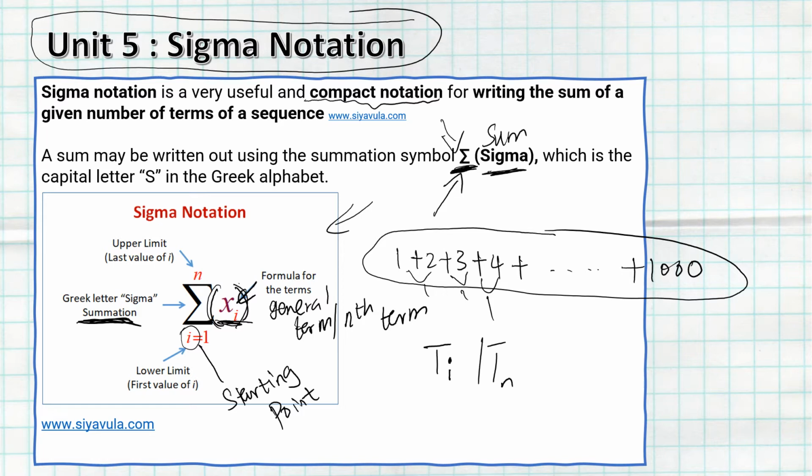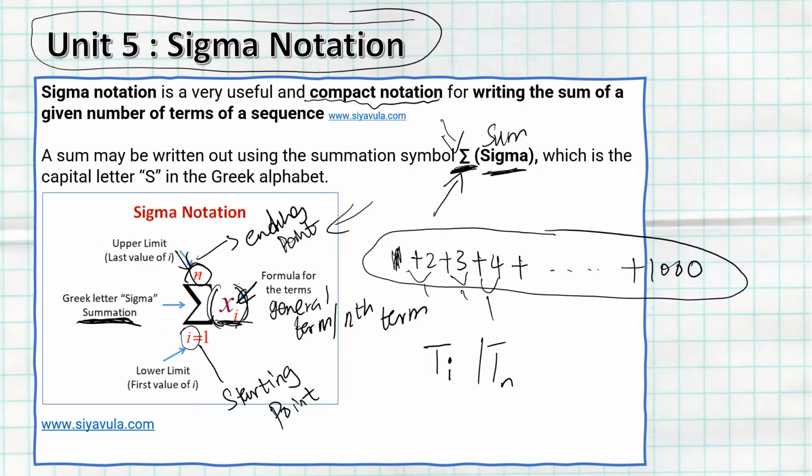And on top here, you get our upper limit, or the last value of r. I like to call it an ending point, where we're going to end. For example, I can say i equals 1, so it means that I'm going to start adding them from t equals 1, right, up until I end.